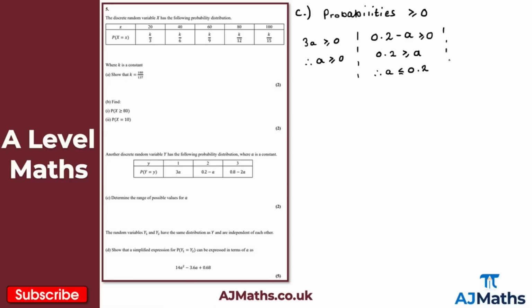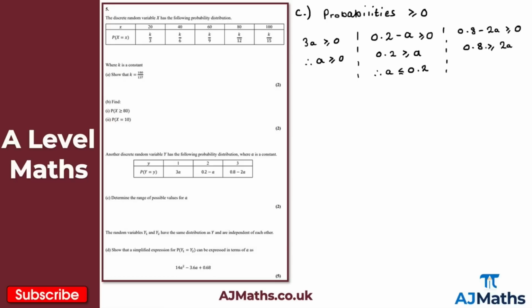And then again, just one more probability to consider here. We've got 0.8 minus 2a, and again, this must be greater than or equal to 0. So add 2a to both sides here. I've got 0.8 is greater than or equal to 2a.